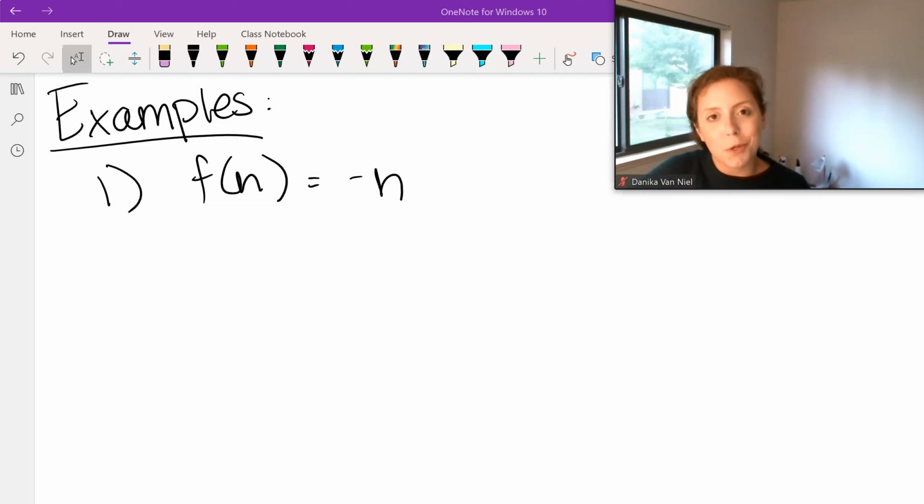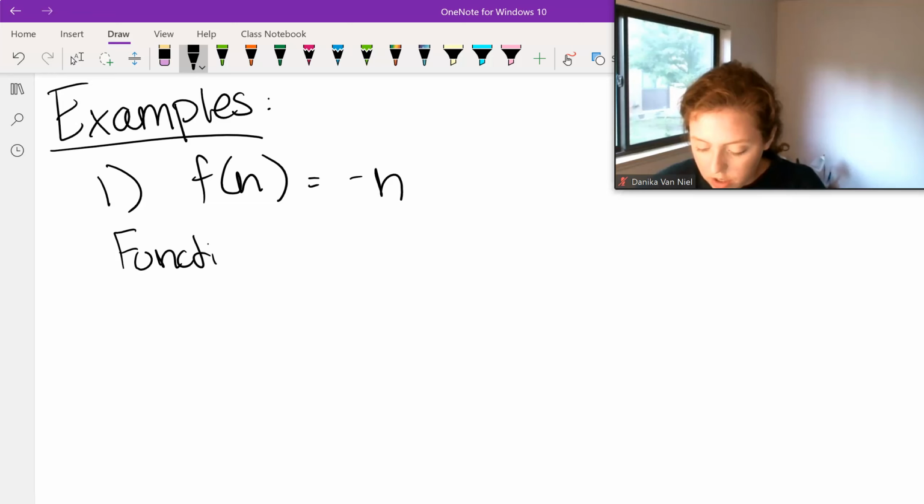Maybe fun's a little too strong of a word, but think about what you could make your domain and codomain to make this a function, and what you could make them to make this not a function. Maybe pause this and jot down some ideas. So here's what I'm thinking. Maybe I'll say function.